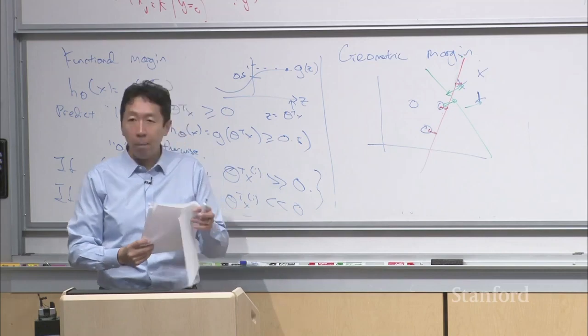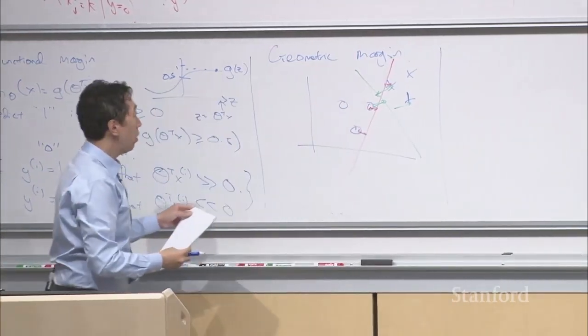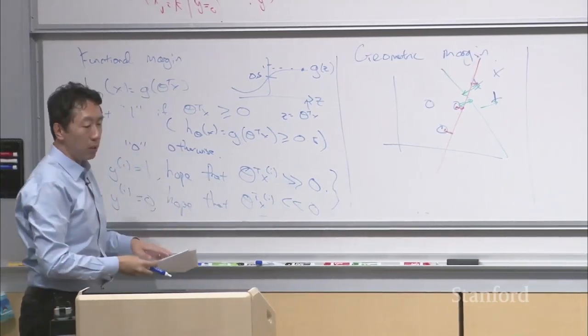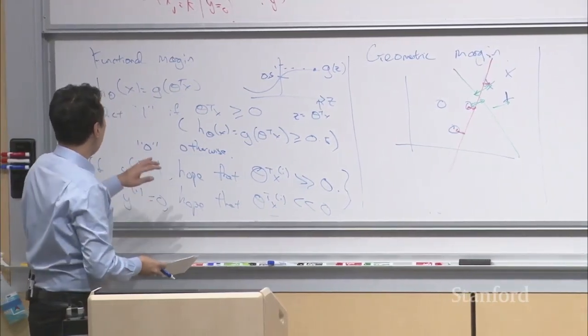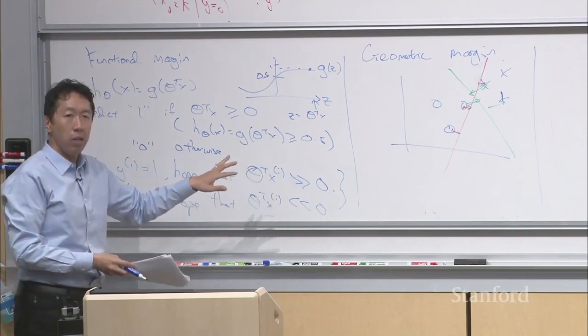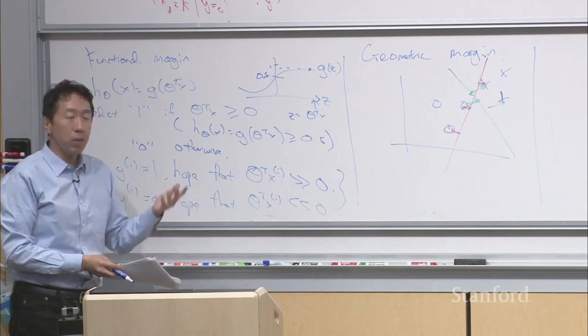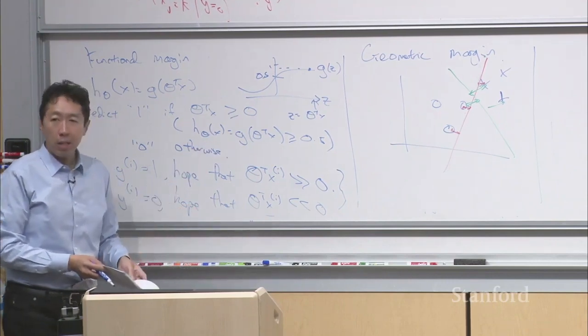And so what I'd like to do in the next 20 minutes is formalize the definition of functional margin, formalize the definition of geometric margin, and pose the optimal margin classifier, which is basically an algorithm that tries to maximize the geometric margin.